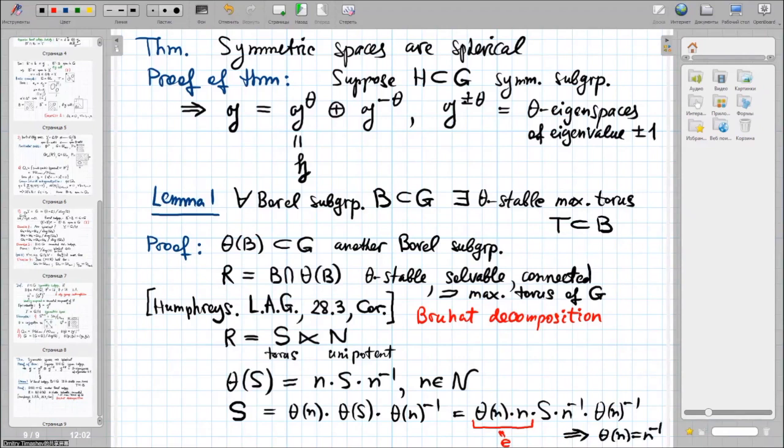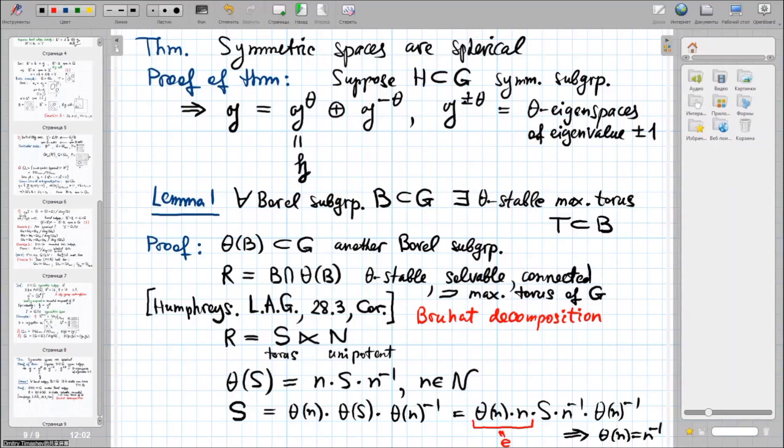Professor, for a maximal torus S in a group G, the only element that normalizes S is the element in S, right? No. For a maximal torus in G, the normalizer is bigger. The maximal torus has finite index in its normalizer, and the quotient group is what is known as the Weyl group.